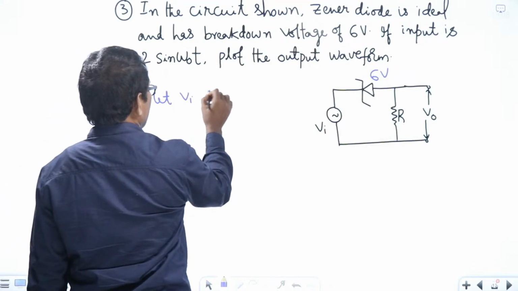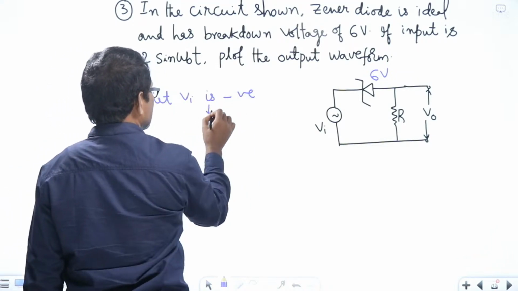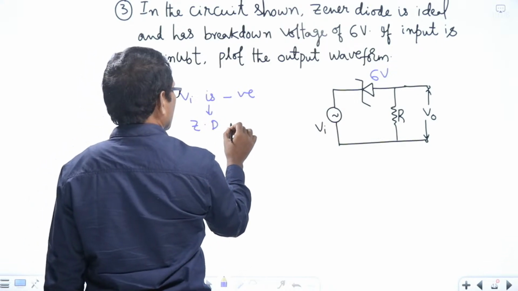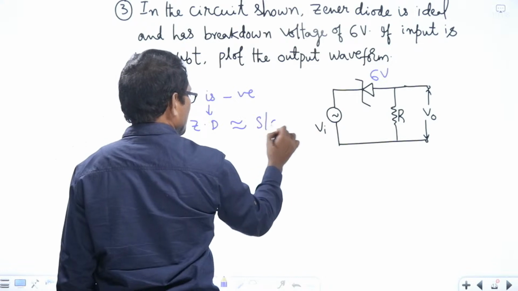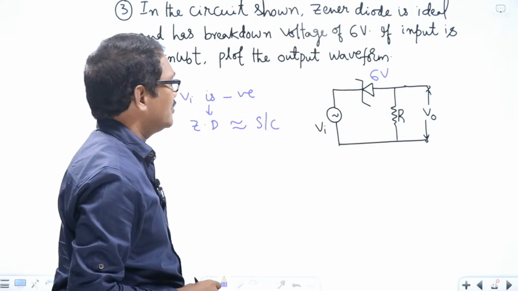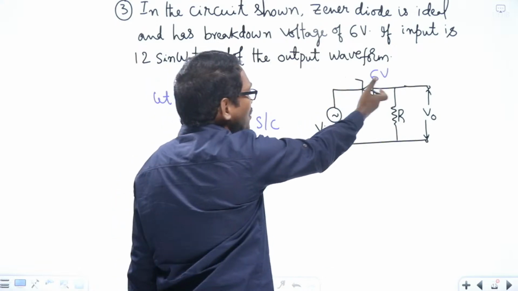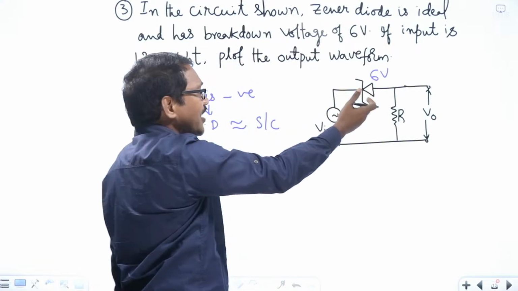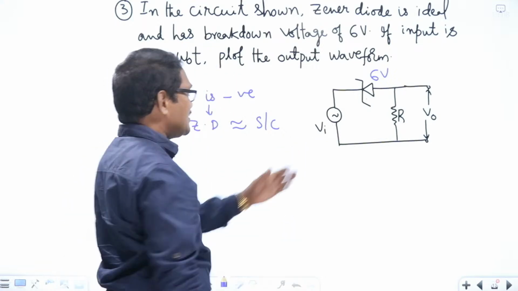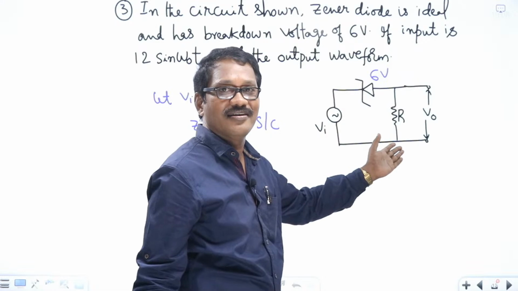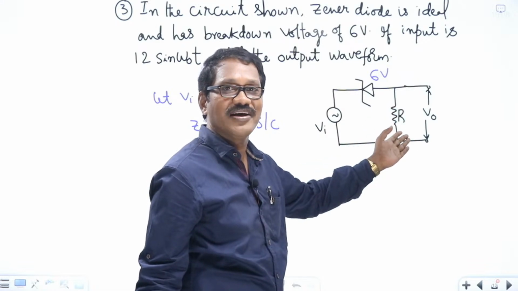Let VA be negative. In this case the Zener diode can be replaced by a short circuit. A short circuit in the series circuit means no voltage drop across the series terminal. Hence the output voltage is the same as the input voltage, independent of R, irrespective of the value of resistance.